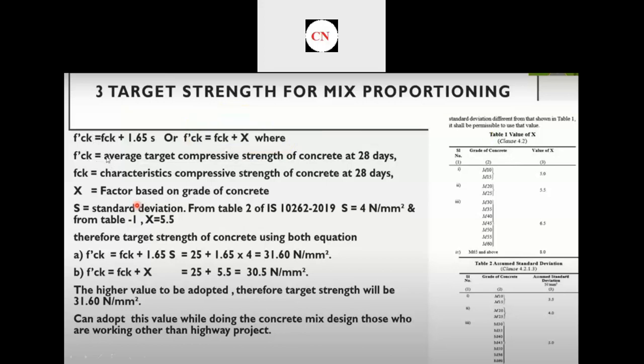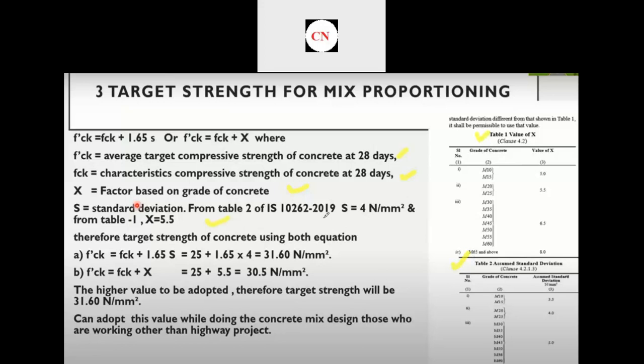In the above equation, f'ck is the average target compressive strength of concrete at 28 days. fck is the characteristic compressive strength of concrete at 28 days. X is the factor based on the grade of concrete, which is to be read from table 1. Standard deviation S is from table 2 of IS 10262 2019. So that means this second table we have to refer.